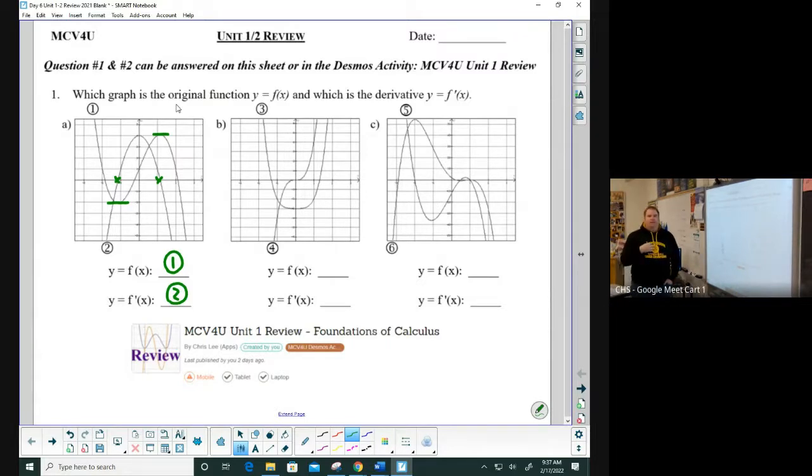That's enough for me to be pretty convinced that the first one is the original and the second is the derivative. A third bit of counter argument: pretend that number 2 was the original. There would be a 0, and the other one would have to cross at 0, and it doesn't. So there's a counter argument which actually proves your original idea that it works.